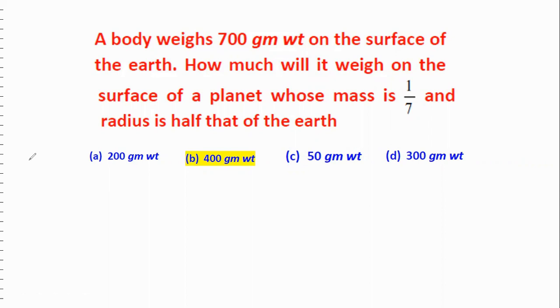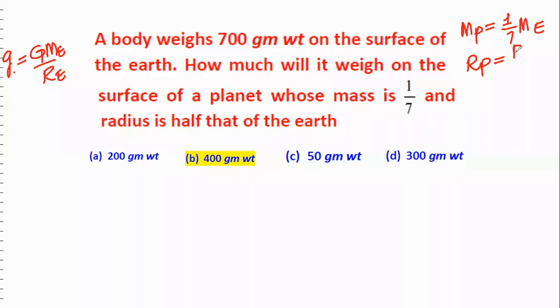When we take two different g's, for Earth, g is equal to GM divided by R square, and g of the planet, the mass of the planet is taken as 1/7 of the mass of the Earth, and the radius of the planet is RE divided by 2.